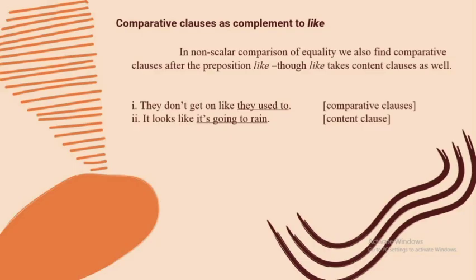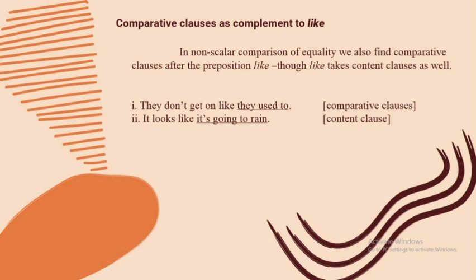And the last, comparative clauses as complement to like. In non-scalar comparison of equality, we also find comparative clauses after the preposition like. Like takes content clauses as well. Compare them. One: They don't get on like they used to.